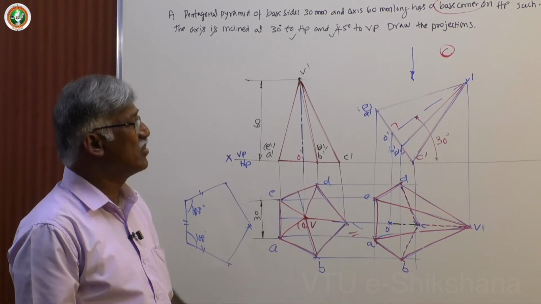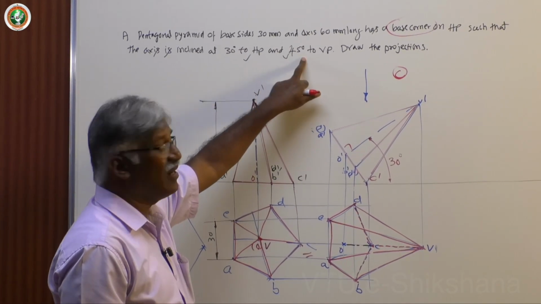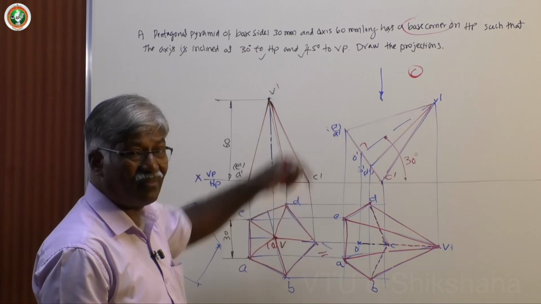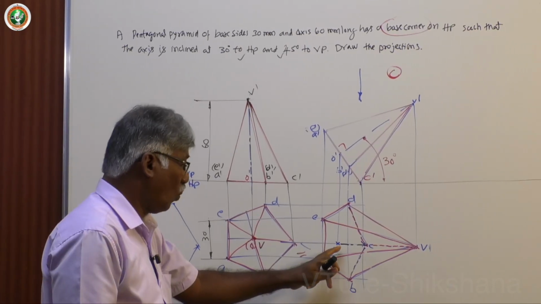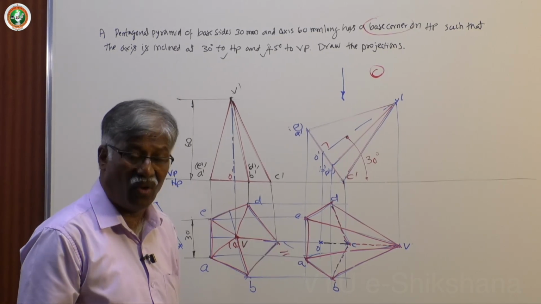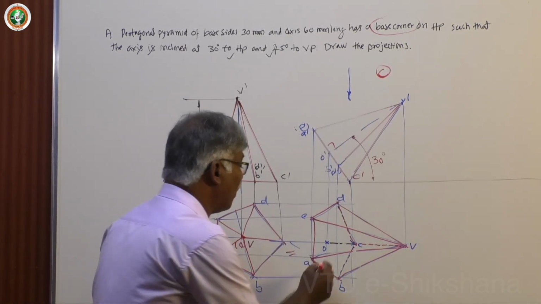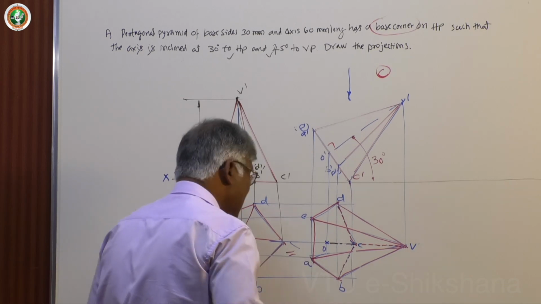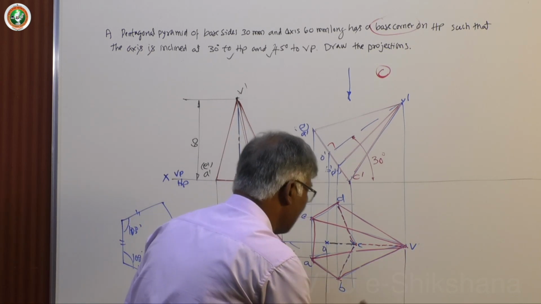Next comes the axis, again inclined at 45 degrees to VP. So, what best you do is you realize that OV of the second figure top view is not its true length, because it is already inclined to HP, it has already become apparent length. So, you are supposed to keep this as apparent length, you will get some value.